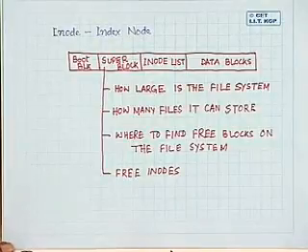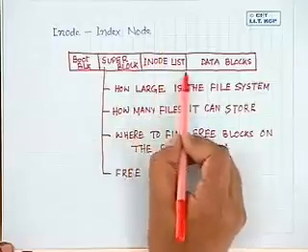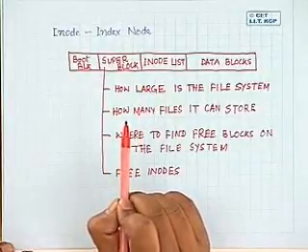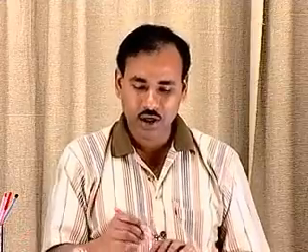That is only because maybe the inodes assigned to that file system have been exhausted. I don't have any free inode, though I have free disk space available. Even in such a case, we will get a file system full message. So these are the contents of the super block.